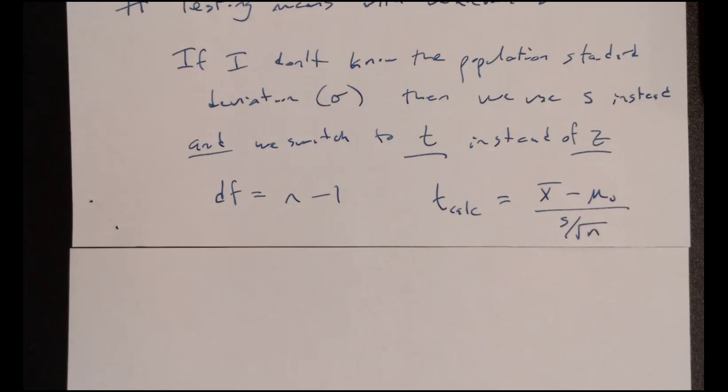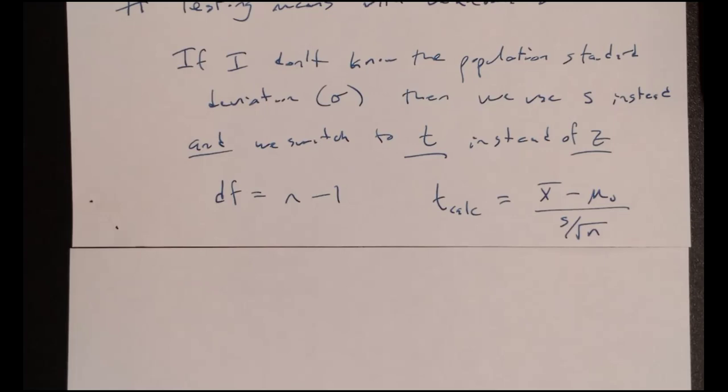And I'll have to get a t critical. I'll get that from my table because I have all of those critical values based off of the degrees of freedom right here in Appendix D. Makes my life easier. The important thing is that I still need to make the same decision.